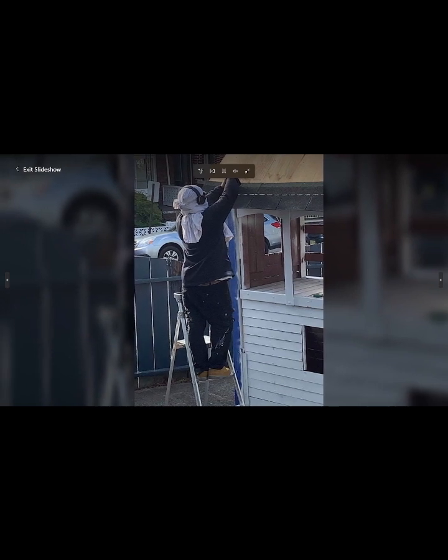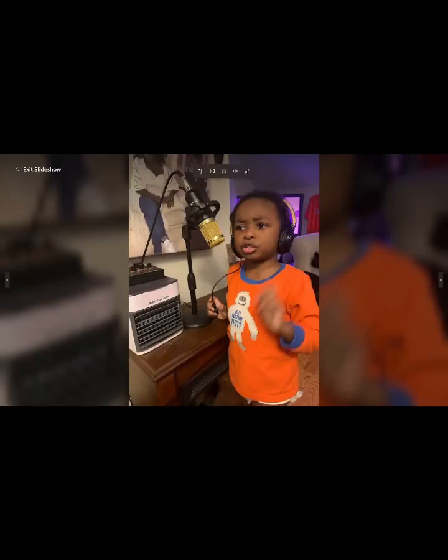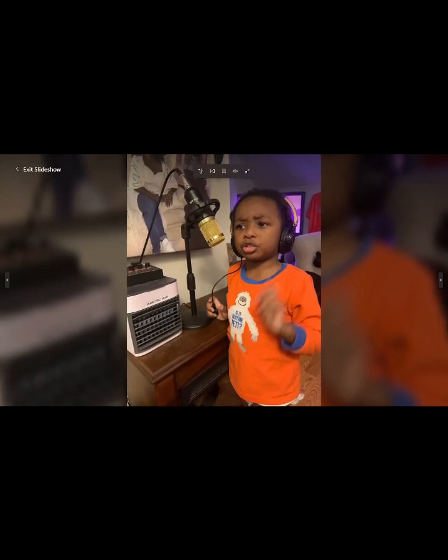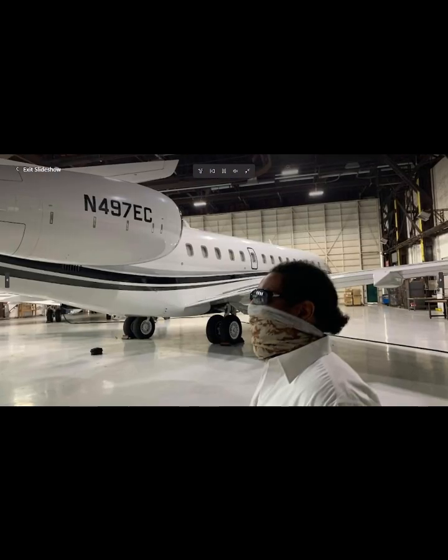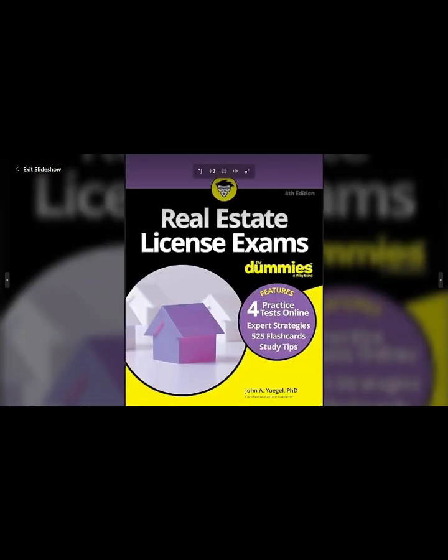Question number 7. What are the water rights called for oceanfront property owners? A. Riparian rights. B. Littoral rights. C. Defeasible rights. D. Qualified rights.